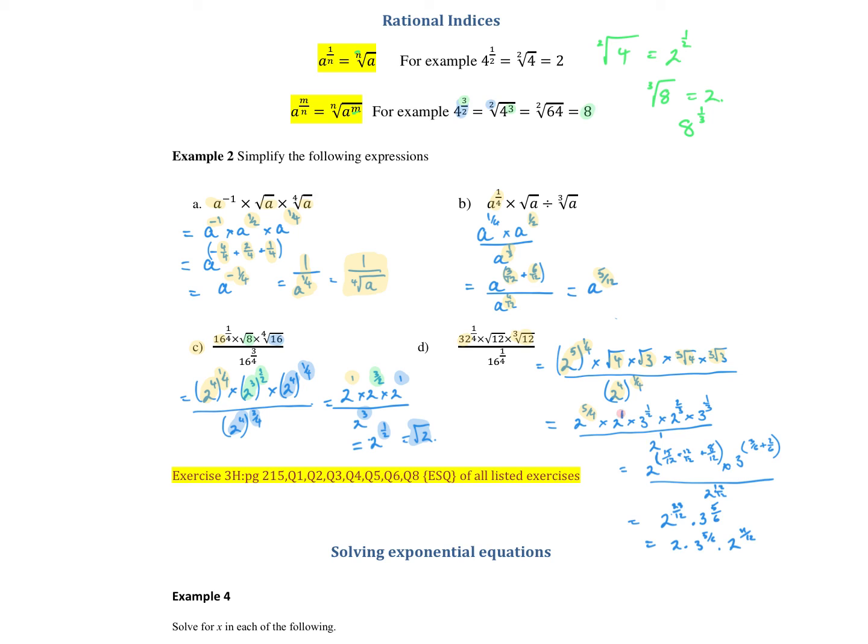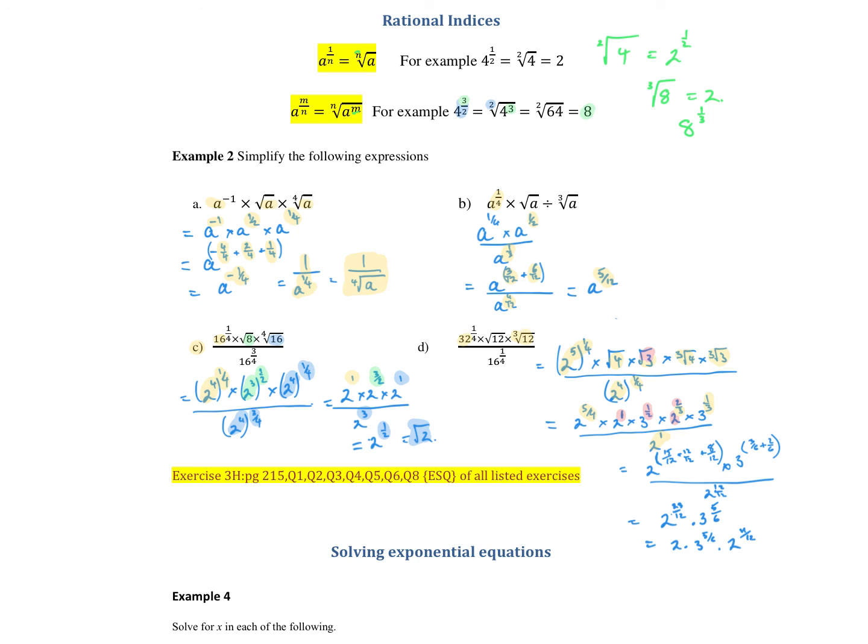The square root of 4 is just 2, or 2 to the 1. The square root of 3 is 3 to the half. The cube root of 4, well, that's the cube root of 2 squared. So there's my 2 squared, and there's my little 3 to make it a cube root. And then the cube root of 3 is just 3 to the 1/3. Okay, all over 2 to the 4 to the power of a quarter, which is my 2 to the 1. So I've got 4s, 2s, and 3s.